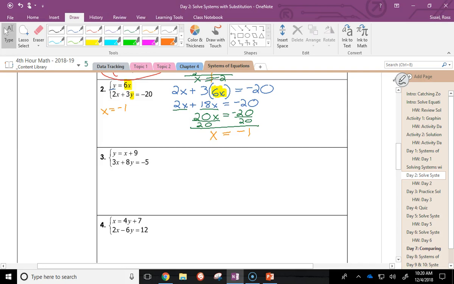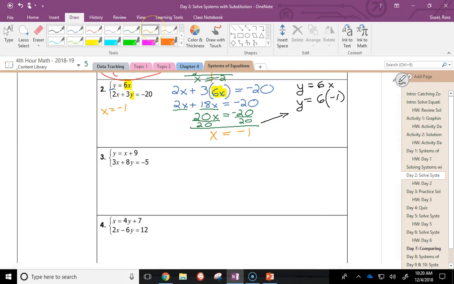But you see in between my two equations, y equals 6x, that's a lot easier than this one, right? It's only one step. So I'm going to choose to use that one. Y equals 6x. And I'm doing that because there's only one y, so I know I'm not going to have to do much work. Y equals 6 times, and we just said that x is negative 1.